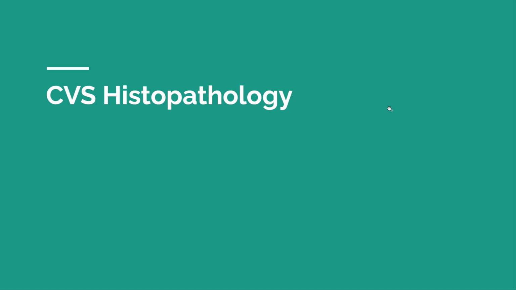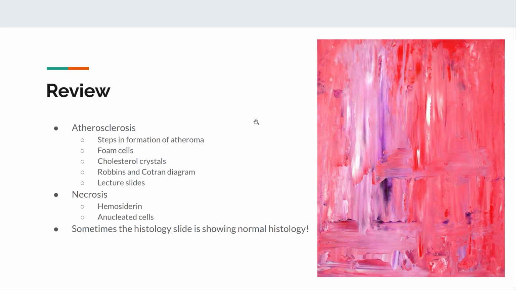Okay, let's quickly talk about pathology. I'm not going to teach it to you, but you should go and review the cardiac topics like atherosclerosis and myocardial infarction, myocardial necrosis. You should know the steps for atherosclerosis and just be able to identify these things on slides.